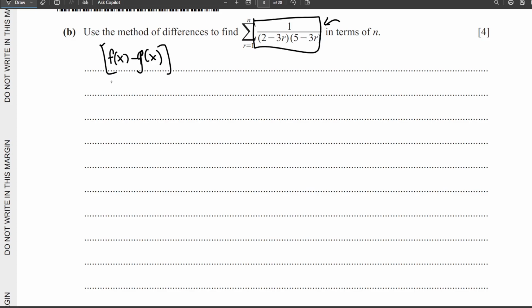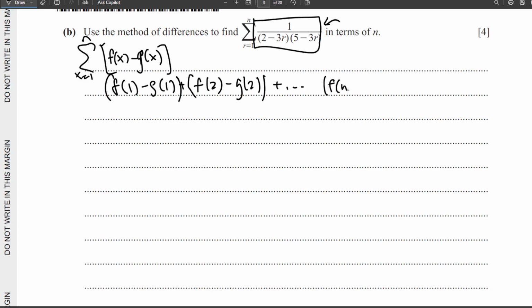So if we take something like f(1) minus g(1), then we sum it from x equals 1 to n. So we can represent the function like that, then f(2) minus g(2), and so on and so forth, until we get to f(n-1) minus g(n-1), and lastly f(n) minus g(n).